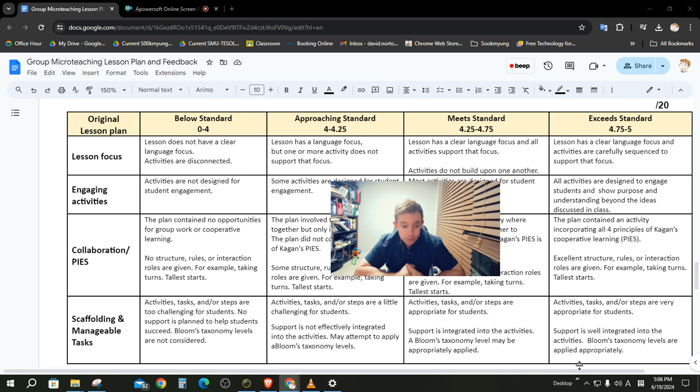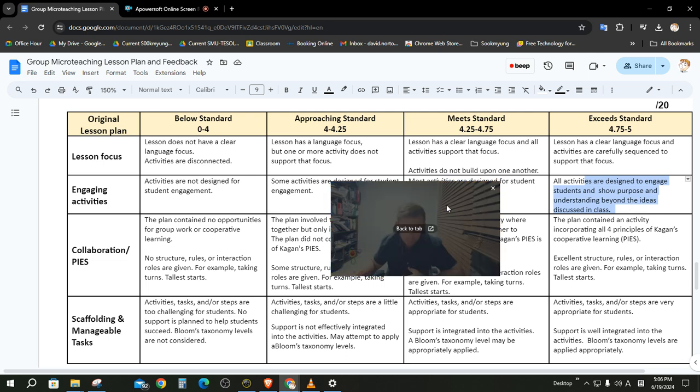Your interactions, of course, are going to be part of that, but that's also in the next criteria. But if you look at the highest level, all activities are designed to engage students and show purpose and understanding beyond the ideas discussed in class. So that's a pretty high standard for engaging activities. I'm sure somebody will get that level in this group.